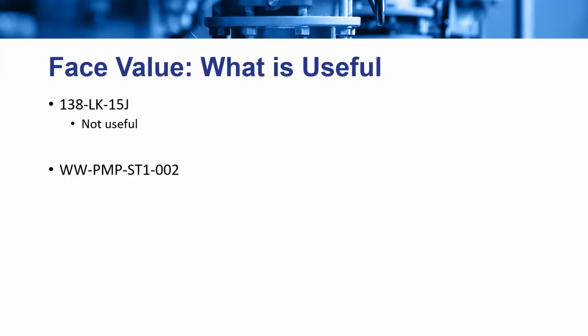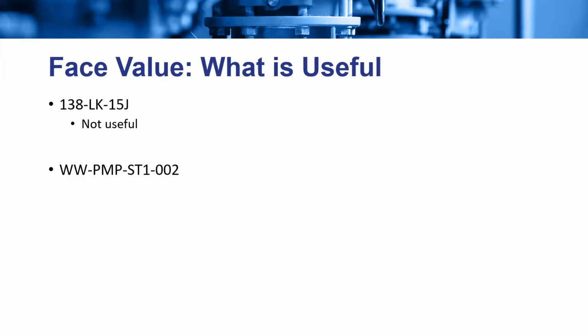WW is probably wastewater, if you have multiple utilities under your control. PMP likely is going to be pump. ST1, I'm assuming, might be something like pump station number one. You'll often see some sort of serial numbering towards the end of a utility naming convention, such as 002.